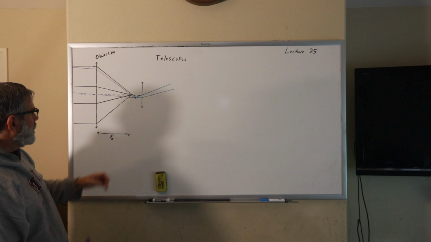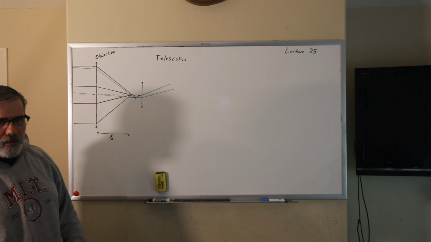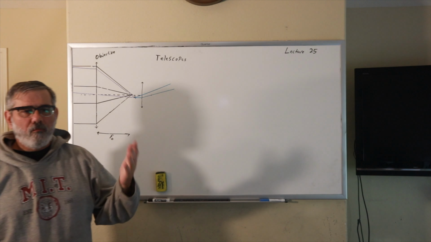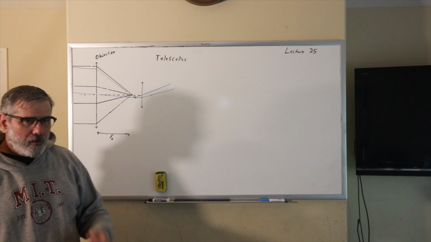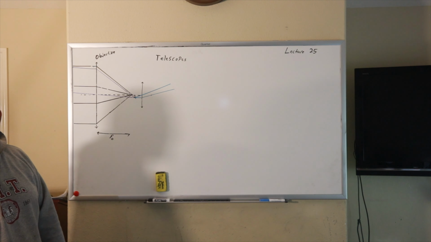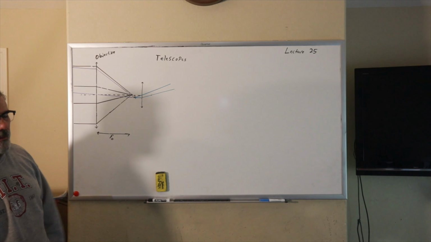So if we want to make that image bigger, we already know how to do that. The way to think about compound lenses, that's when you have more than one lens together, is you first work the first lens. You find out where the image is. Here's the image. It's going to be right here.